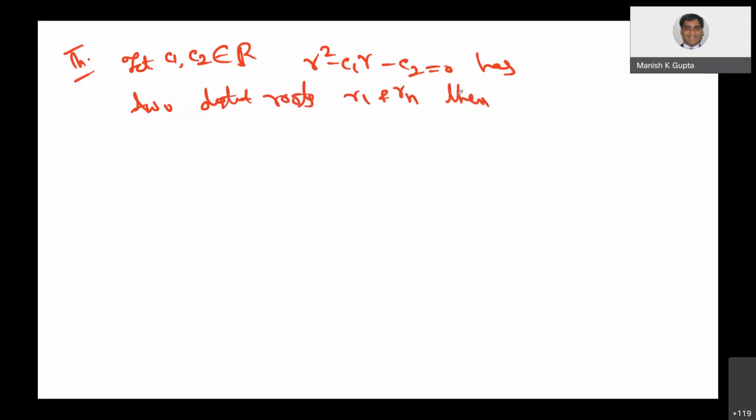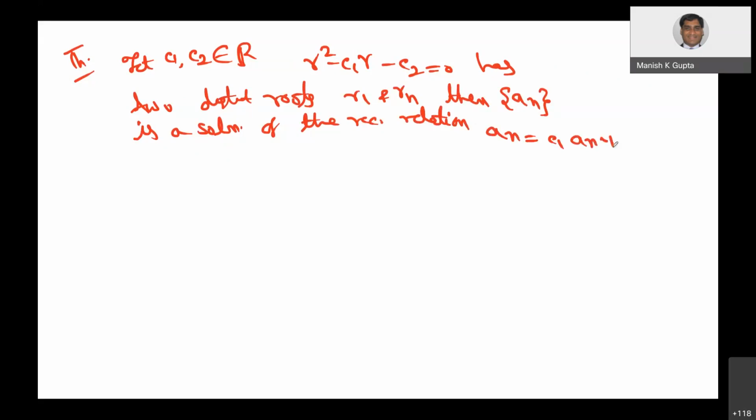Then the sequence a_n is a solution of the recurrence relation, and this time our recurrence relation is of degree 2, that is a_n = c_1 a_{n-1} + c_2 a_{n-2}, right?